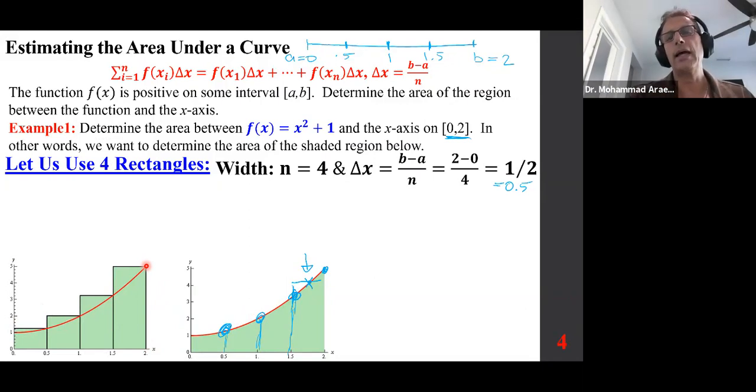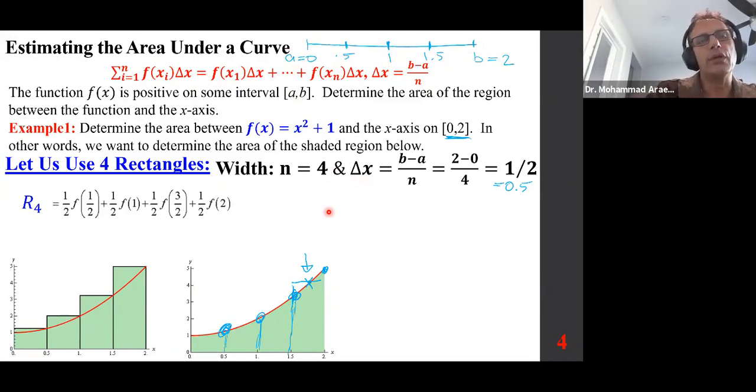So if you're looking at this line segment, for the right endpoints, ignore the first one. So you want f of 0.5, f of all of these points except f of 0. You want to add them up and times delta x as follows. R sub 4, the reason we call it R is because it's the right endpoints.